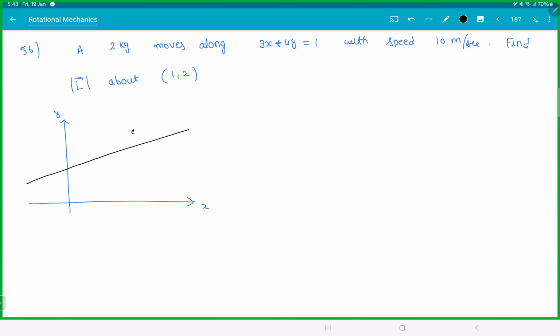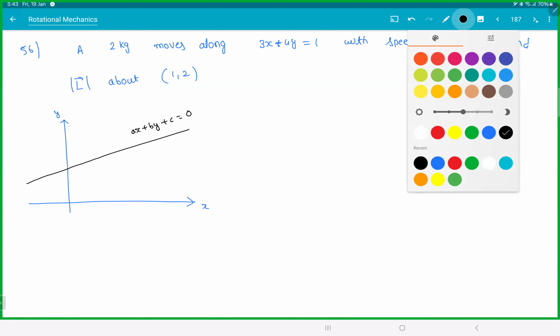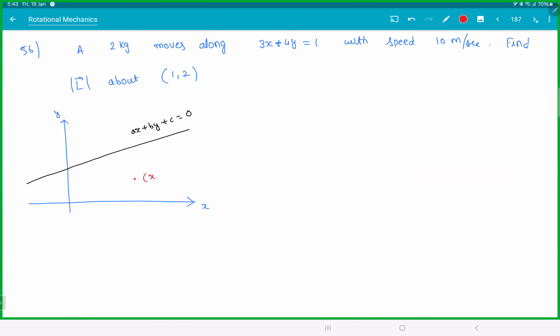Let's say you have a line ax plus by plus c is equal to 0, and a point (x1, y1). Hope everyone remembers the straight line formula. In case you don't know, remember this. The perpendicular distance is given by (ax1 plus by1 plus c) by root over (a square plus b square). This is the perpendicular distance between a point and a straight line.